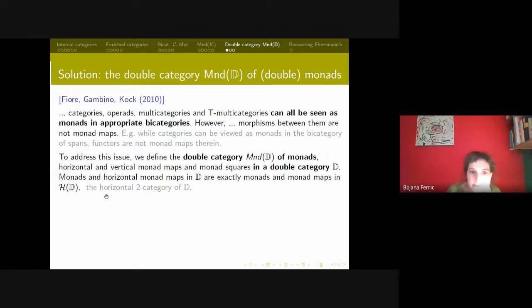It is a bicategory. So the horizontal two category of D. Monads and monad maps in here, okay.